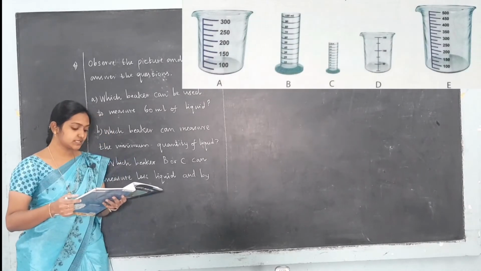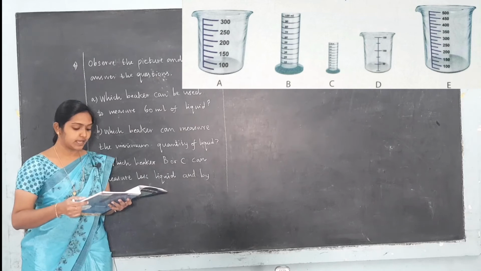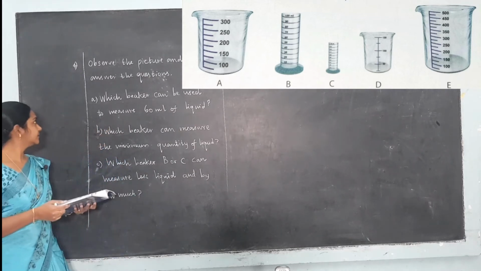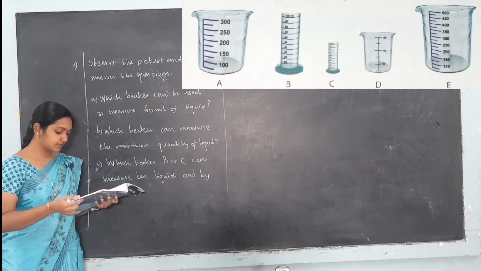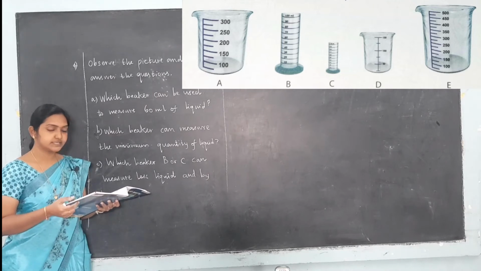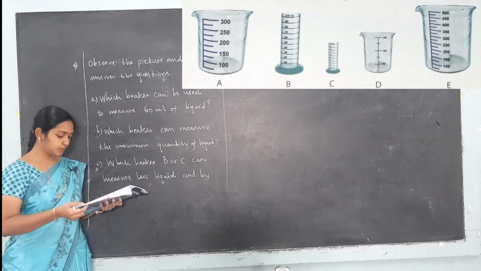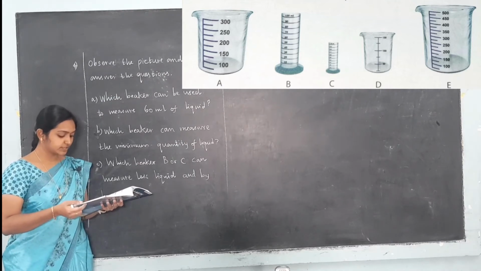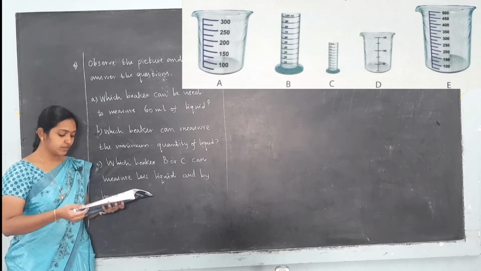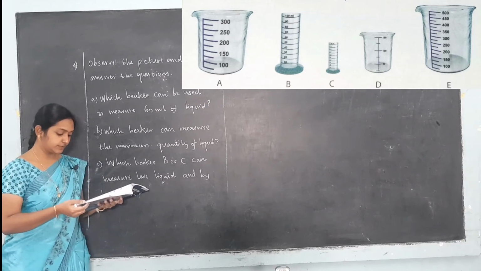The next question is observe the pictures and answer the questions. The first question is which beaker can be used to measure 60 ml of liquid? Take your book and look into the book.